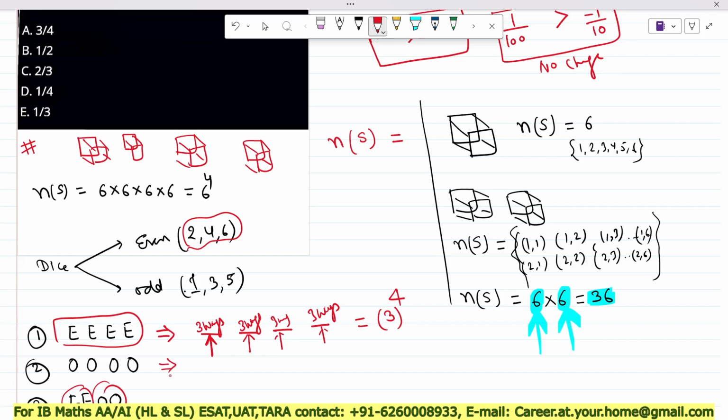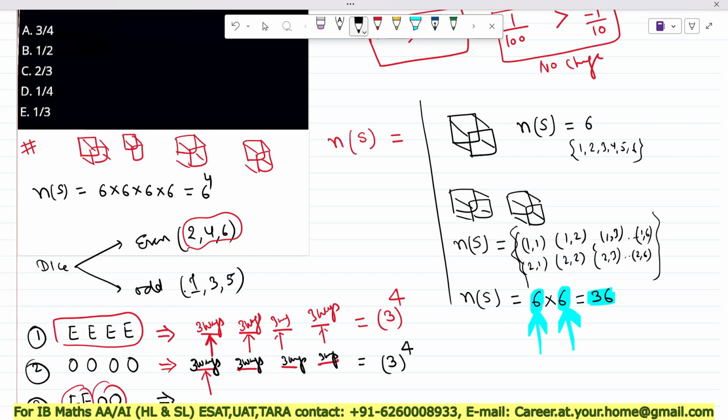Similarly, the odd case will have the same counting. This place can be filled in three ways, similarly this in three ways, this three ways, and this three ways. So this should be 3 raised to power 4 due to multiplication.